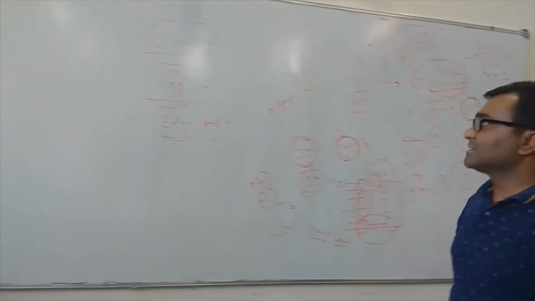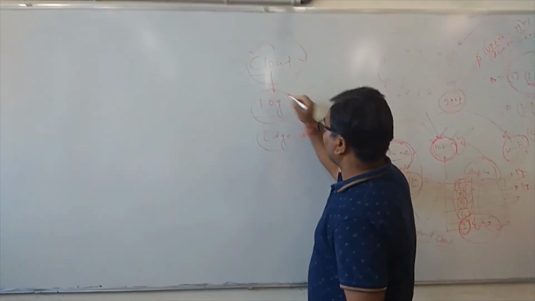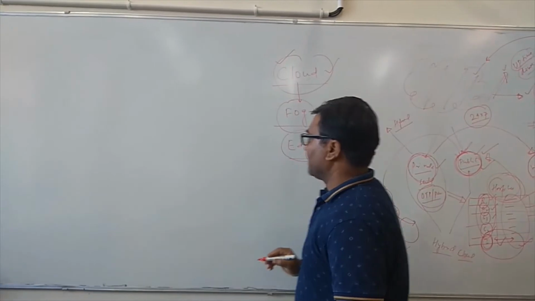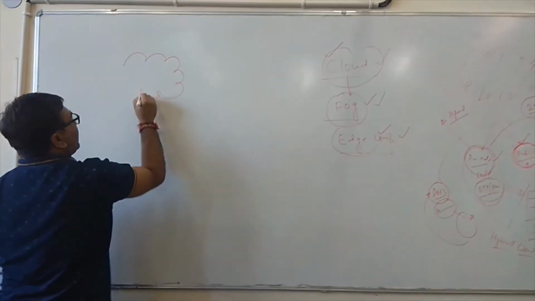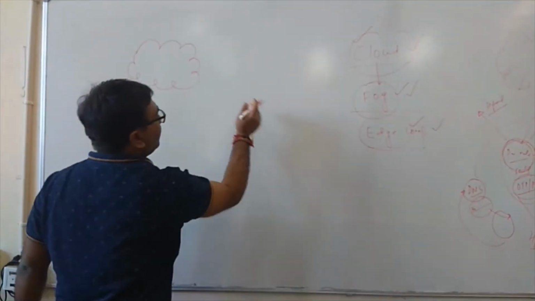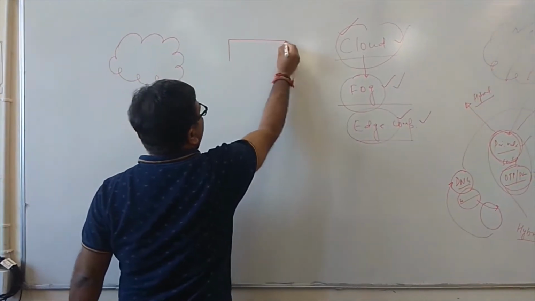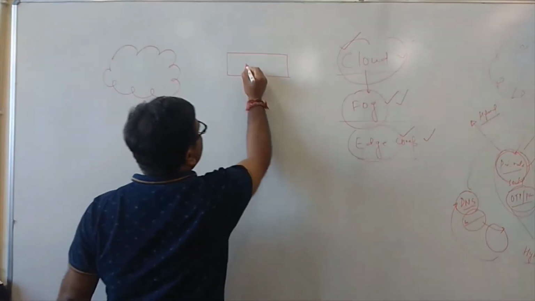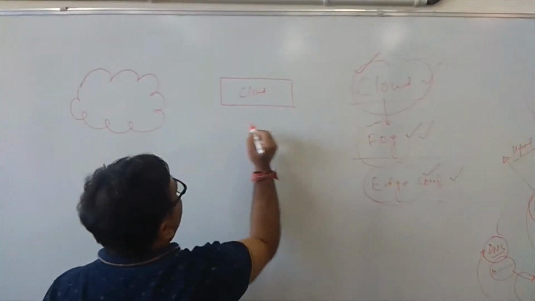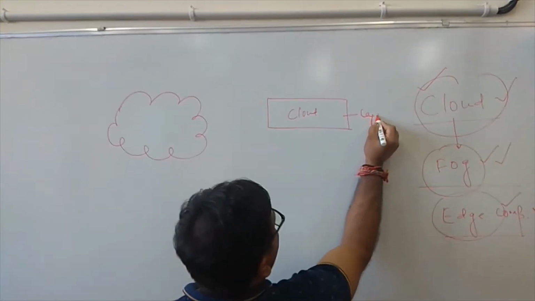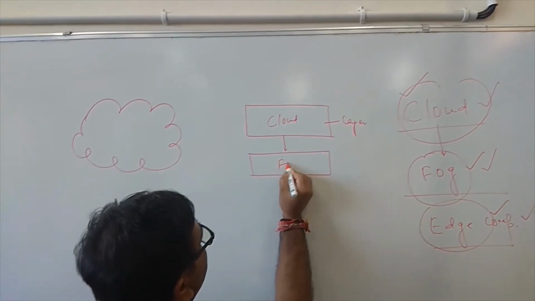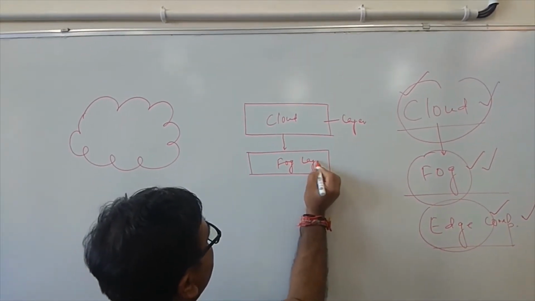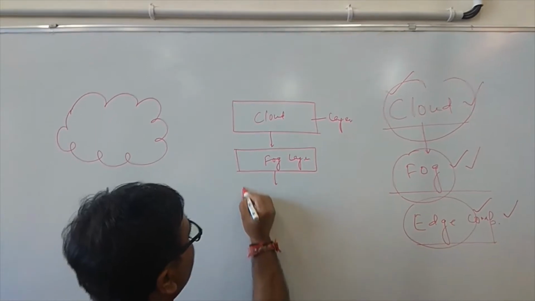But today's agenda is totally concentrated. We will concentrate on fog and edge computing, right? I will explain in detail. As far as fog computing is concerned, the upper layer is the cloud layer, then the fog layer, and then the device layer, right?